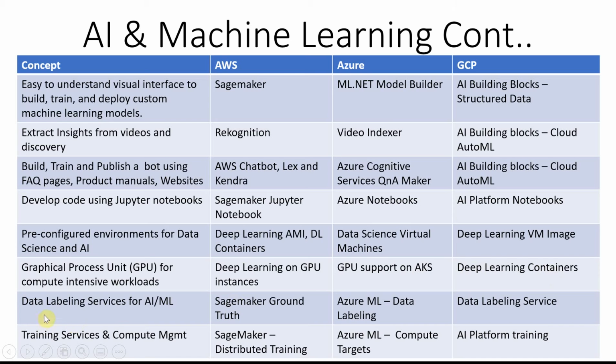Then the next is the data labeling category. I think we discussed last week the life cycle of machine learning. One of the stages is training, or gathering the data, and in the process of gathering the data and giving the input for training, you should also label the data.